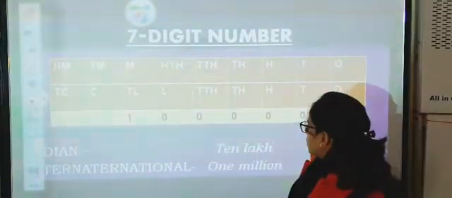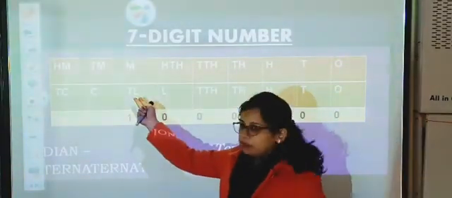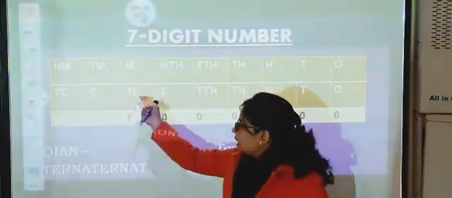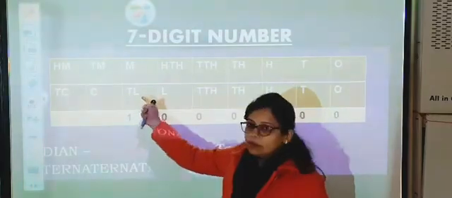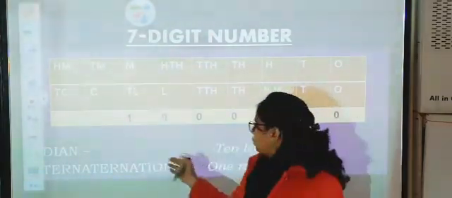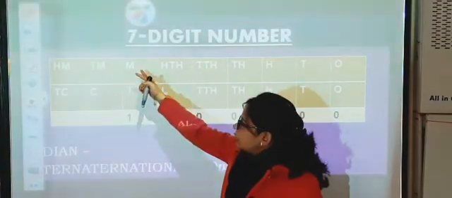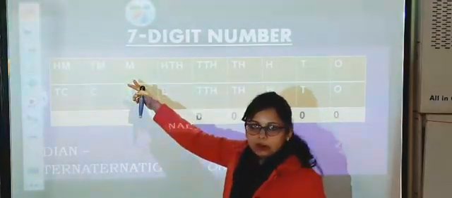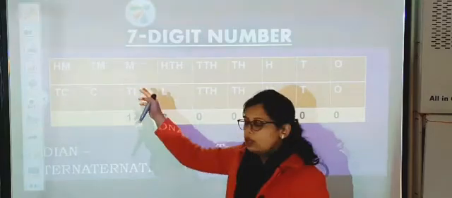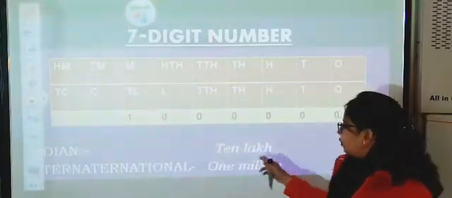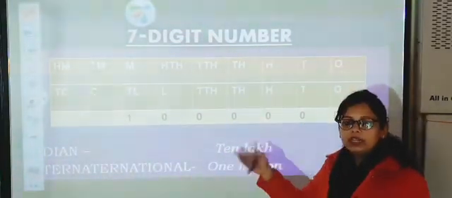See, this is a 7-digit number, and first of all start with the Indian number system. 1 lies in the 10 lakh place, so it will be 10 lakh. Now according to international, 1 lies in the millions group or million place, so it will be 1 million. So you can see the difference according to these digits.